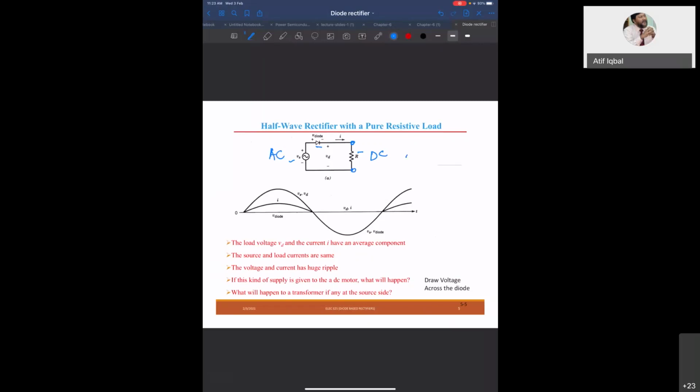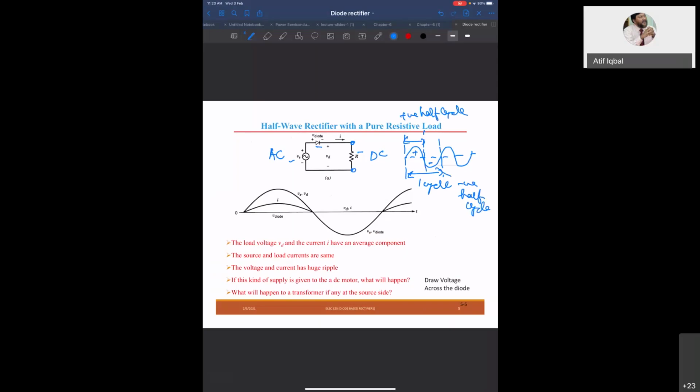Because AC is like this. This is the positive half cycle, and this is the negative half cycle.